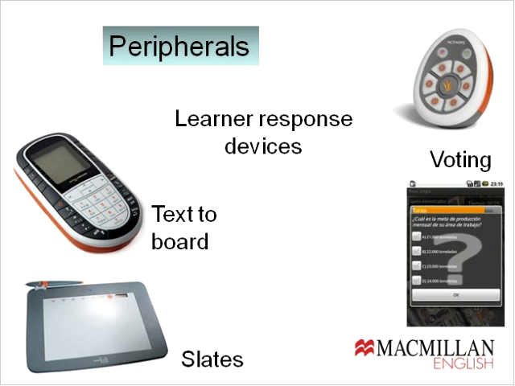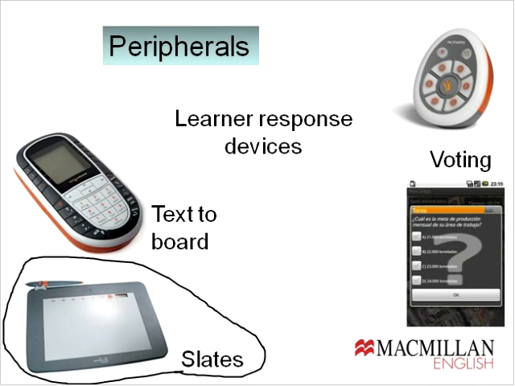And if you're slightly better off, you can get some really interesting peripherals, things that go along. So let's start here with slates, and I think slates are fantastic because you can go to the back of the classroom and operate the IWB from there, which is really important, not letting the IWB dominate.